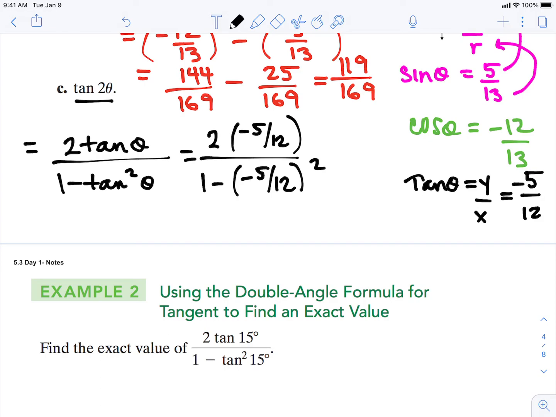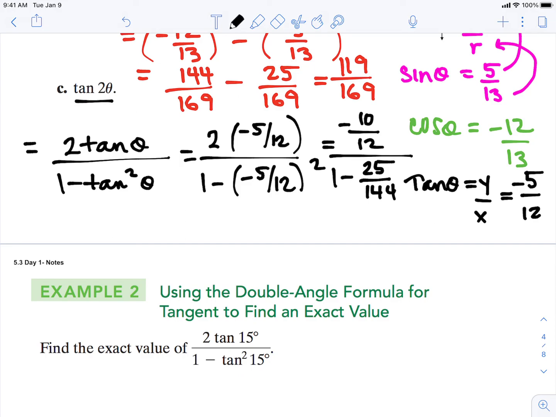So we have a problem that needs some more simplifying. So let's go ahead and multiply the numerator. So 2 times negative 5 is negative 10 over 12. And then in the denominator, negative 5 times negative 5 is 25 over 144.